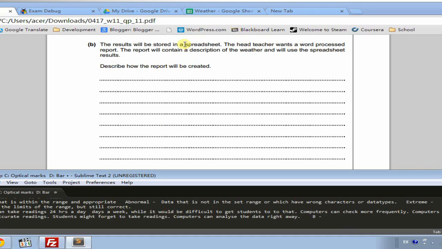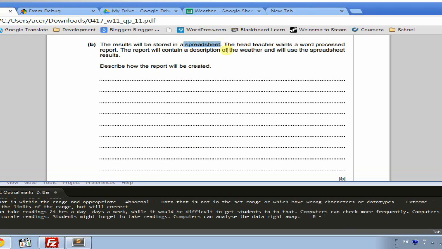that a lot of people make a mistake on is to do with things like spreadsheet and word processor. So it's very important that you do not use brand names when you are giving your answers. So for example, if you were to say the student opens Microsoft Word, then you will not get the point. So you cannot use brand names in your examination. The reason for this is they cannot possibly know every single piece of word processing software.